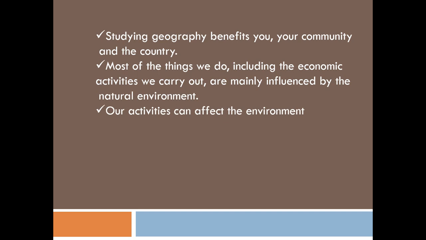Where you have urban centers or industries, that is where maybe the raw materials are found, areas which have a relatively flat landscape. Where you have animal rearing, they are mainly areas with extensive grassland where grazing takes place. So most of the things we do are mainly influenced by the natural environment.